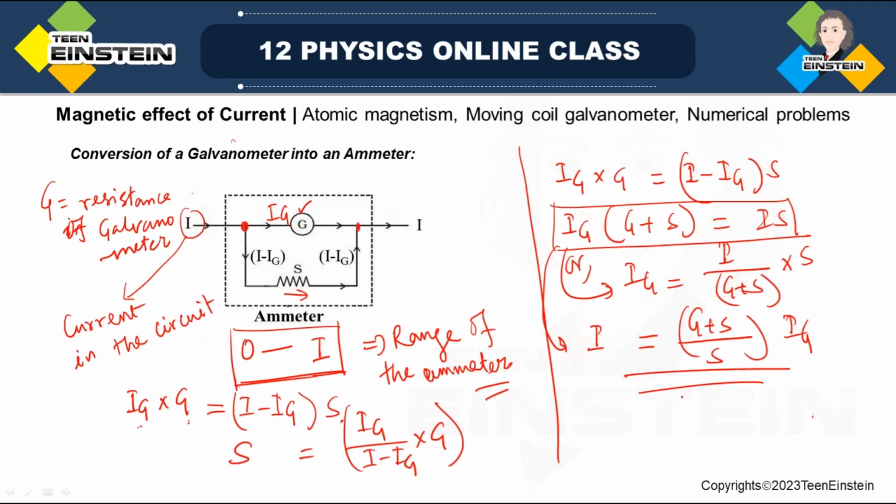And see here, since the ammeter is shunted with a very low resistance, its effective or equivalent resistance will be the multiplication divided by the summation of the two. So it will be actually much lesser than even the shunt.